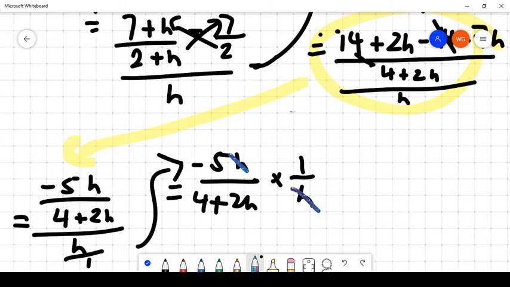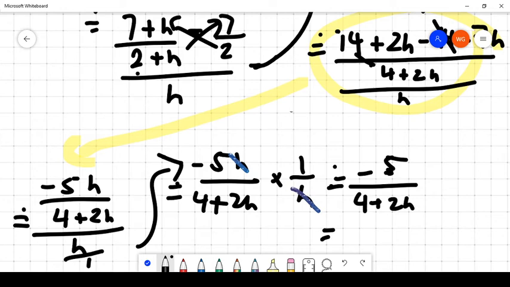And so what we're going to be left with is the following. Negative 5, that is a 5, I apologize, over 4 plus 2h, and then we substitute in 0.001 for h, and we're left with negative 5 over 4.002 or something, right? 2 times 0.001 is 0.002.